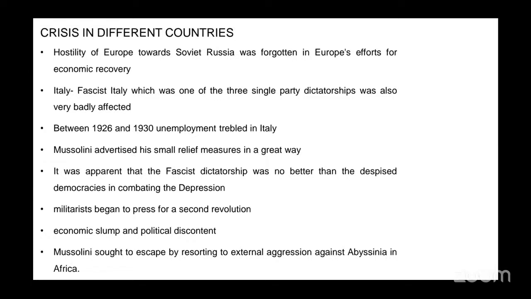So there was more destruction and more economic slump, and also political discontent among the people, and Mussolini sought to escape by resorting to external aggression against Abyssinia in Africa. So this is how Italy, during the Great Depression reconstruction program, resorted to the fascist regime.